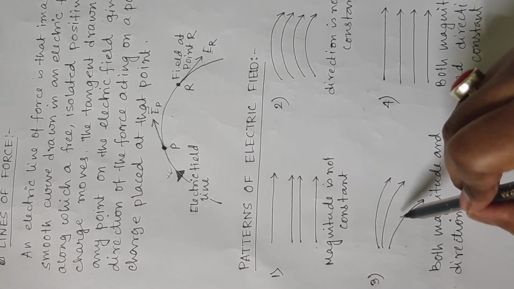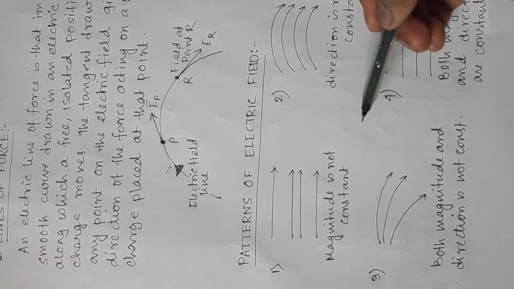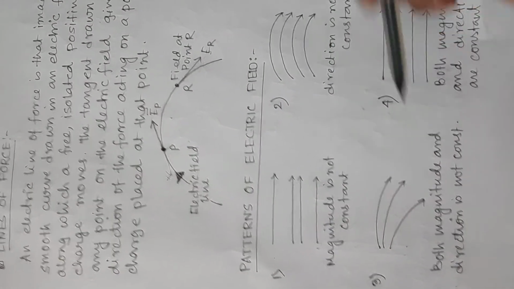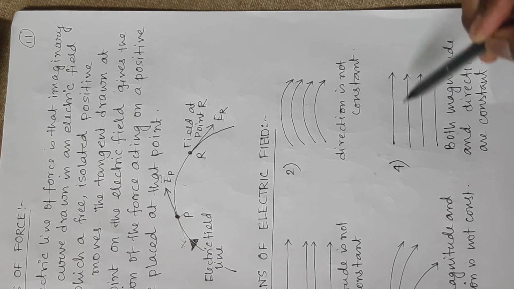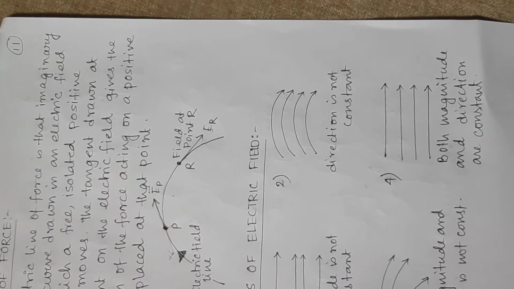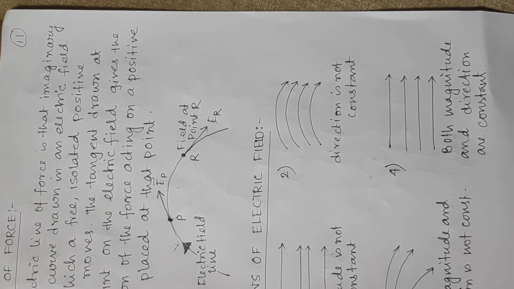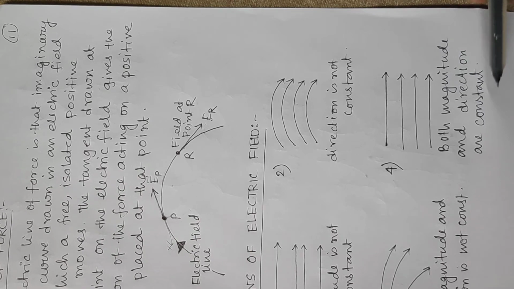Now if both the spacing is unequal and the lines are curved, both magnitude and direction are not constant. Now in case number 4, the lines are parallel to each other, the lines are straight, and the spacing between each line is equal. So here we can tell that both magnitude and direction are constant.